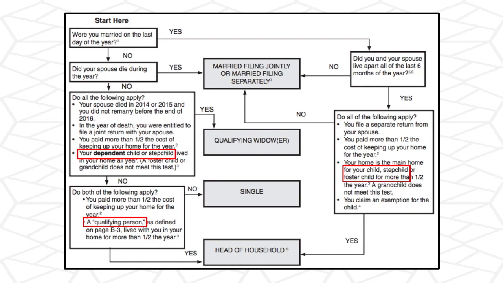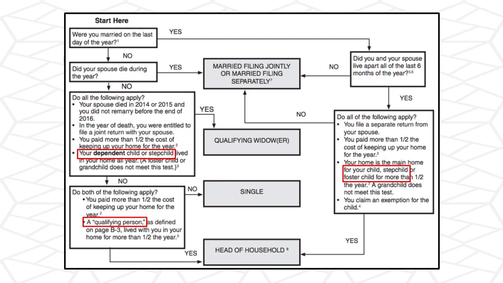Now, let's stay on the left-hand side of the screen, but assume that this next person is single. So they never had a spouse, and their spouse didn't die in the preceding year, so they get all the way to the bottom left. So they're single, and we're asking them, did you pay more than half the cost of keeping up the home for the year? And did a qualifying person, as defined on page B3, live with you in your home for more than half of the year?